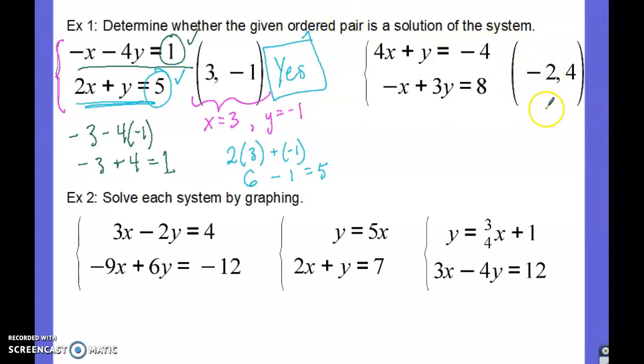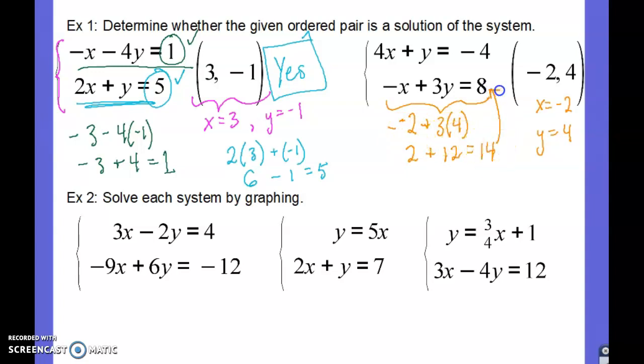As you look at the next one, maybe I'll do this all in one color. x is negative 2 now, y equals 4. The one that kind of screams out at me is this one, which looks like a weird statement. Well, let's see. If we plug in negative 2 for x and 4 for y, that's positive 2 plus 12, which equals 14.